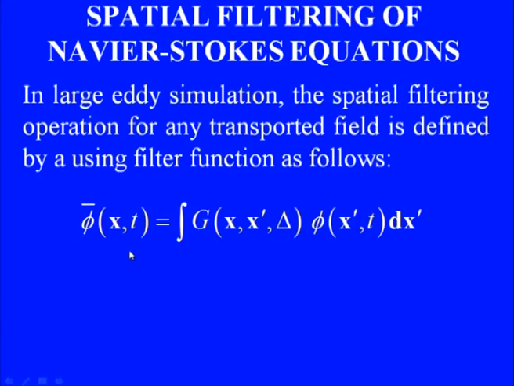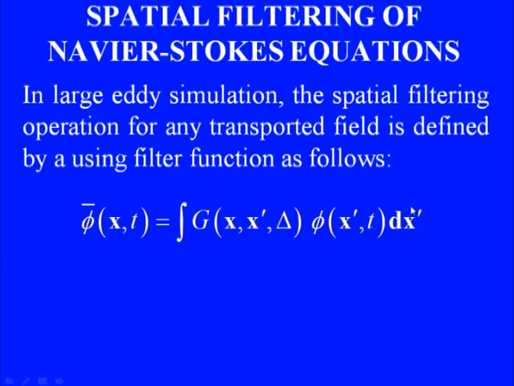So, phi bar of x, t is defined as the integral of the convolution g(x, x prime, delta), this is our filter function, multiplied by our unfiltered or original flow variable phi(x prime, t) dx prime.